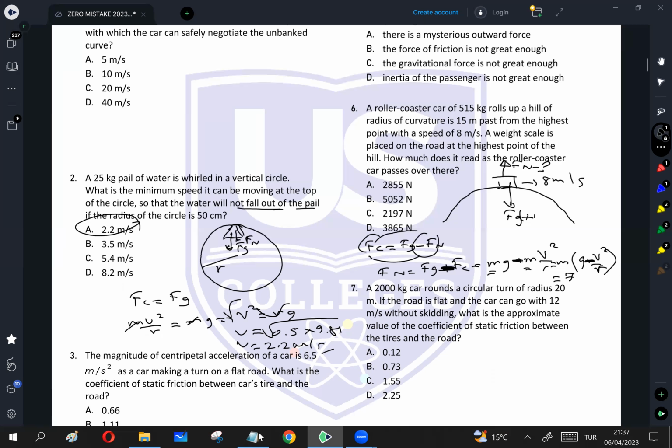V squared is 8 squared, which is 64, divided by r, which is 15. Answer is 2,855. Yani A is the correct answer.